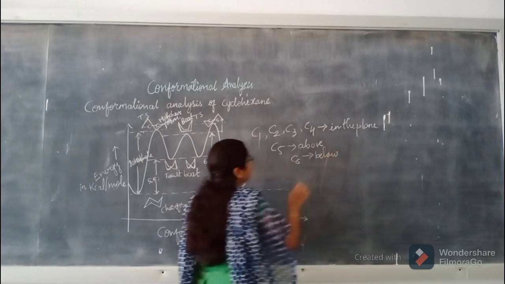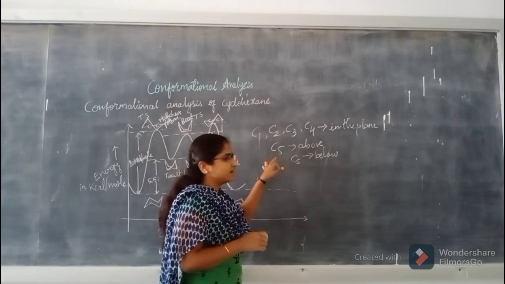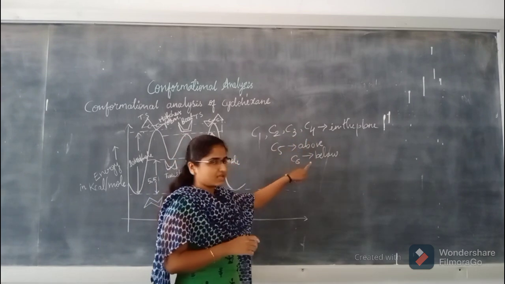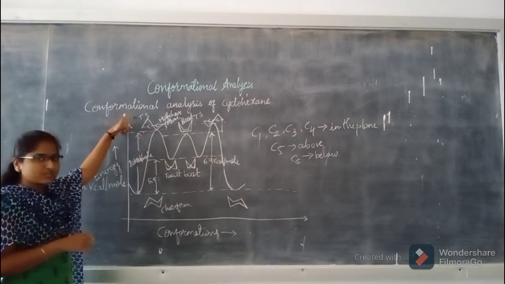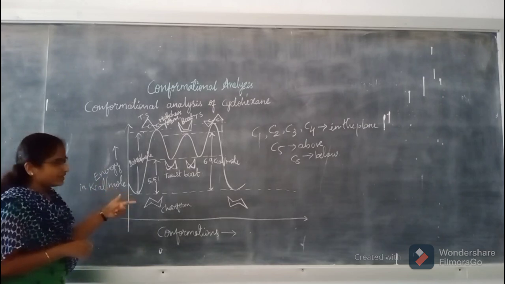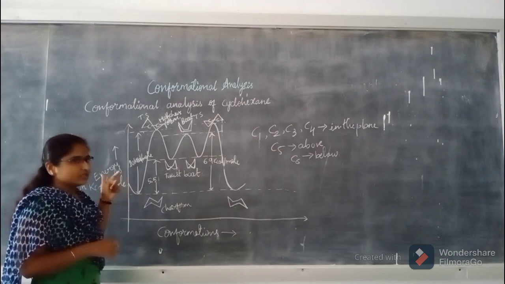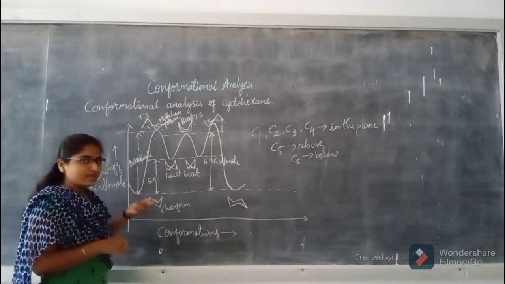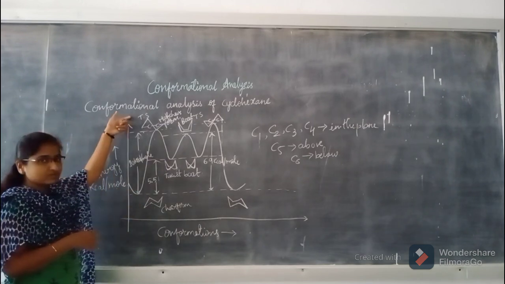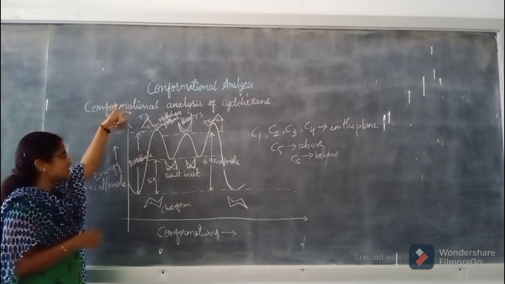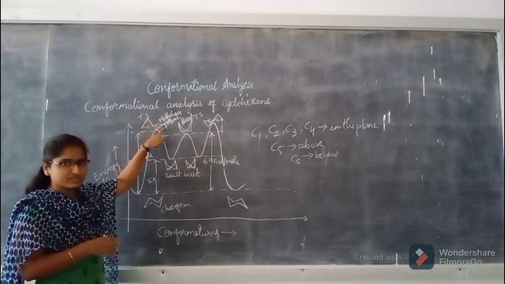By moving the first, second, third, fourth carbon atoms in the plane and fifth carbon atom above the plane and sixth carbon atom below the plane, you will be getting the transition state conformation, which is called a half chair form. You call it a half chair form or a half chair conformation.